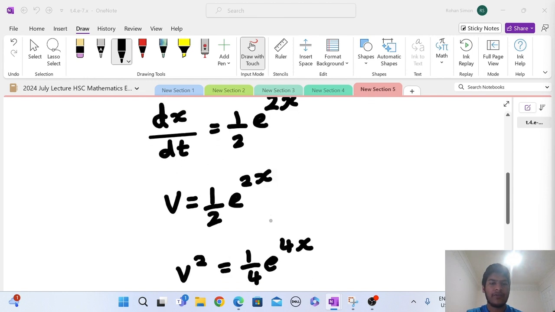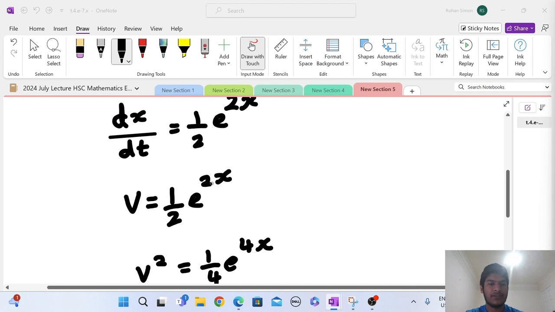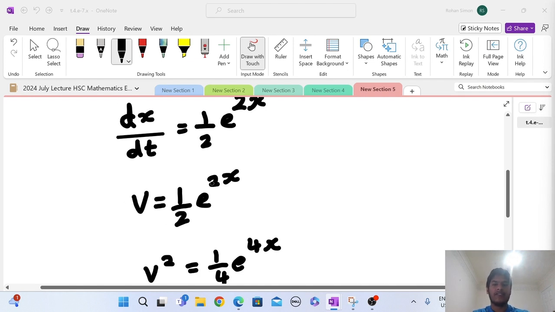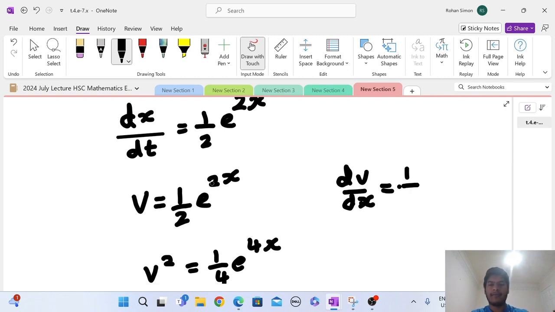Now at this point, if we use v dv dx, then we should pretty much end up with the same expression, right? So dv dx at this point is going to be 1/2 divided by 2, which is 1/4 e to the power of 2x.